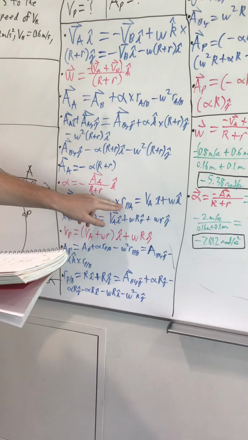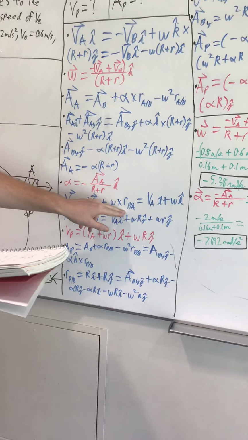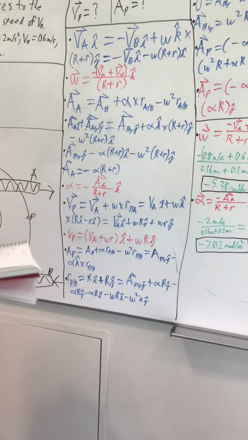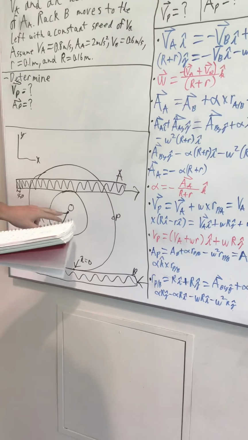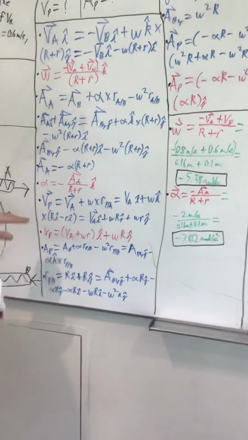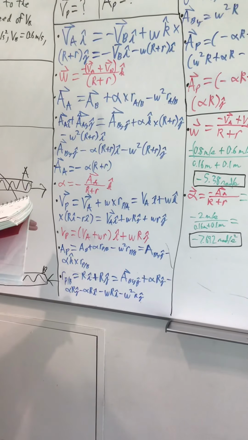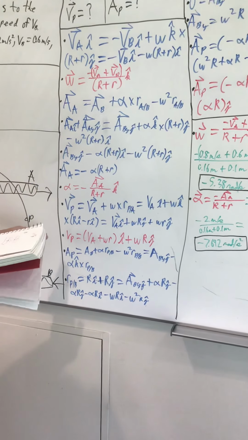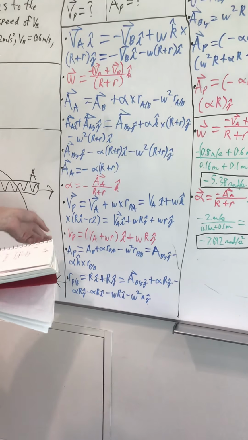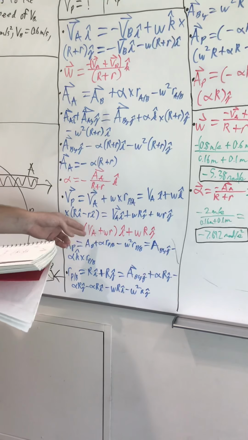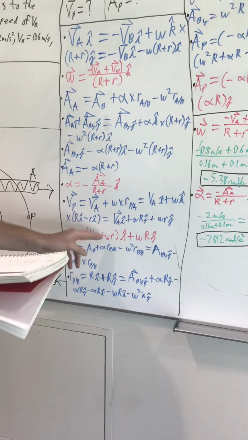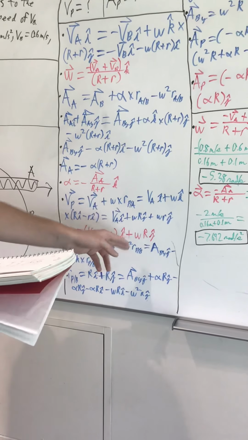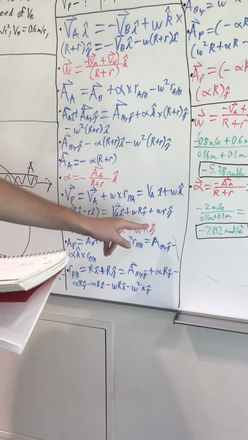Now we need to find the radius of P over A, which is simply the large radius minus the small radius. From there we can plug those components in, and when you solve, you get the velocity of P equal to the velocity of A plus omega times the small radius in the I hat component plus omega times the large radius in the J hat component.